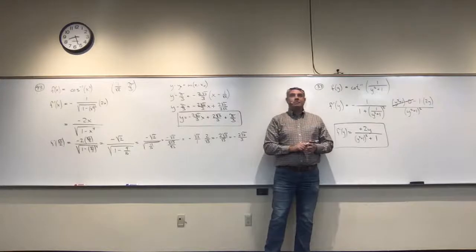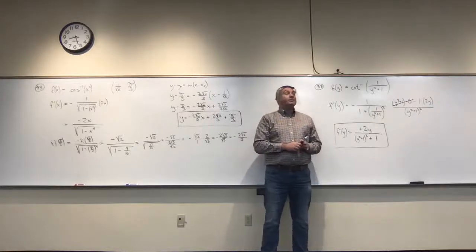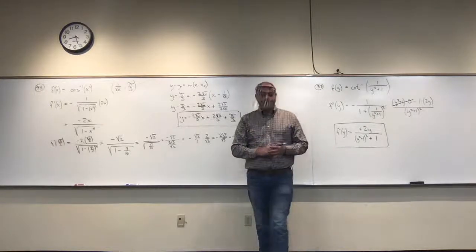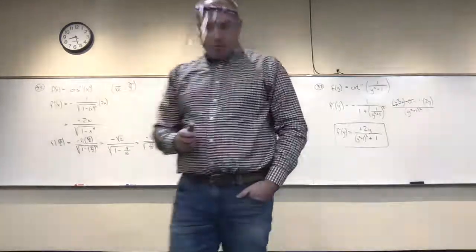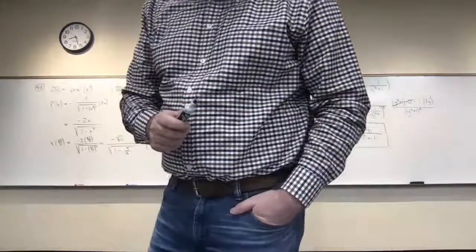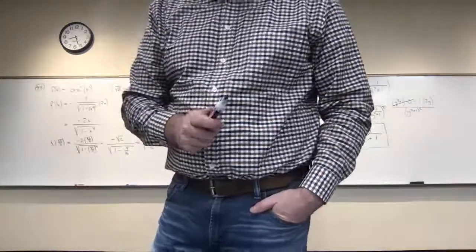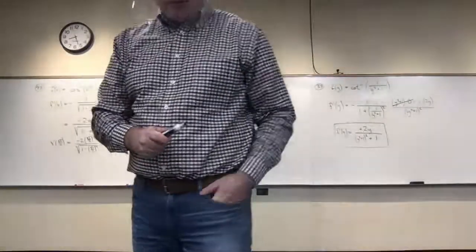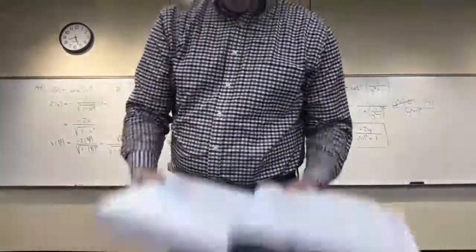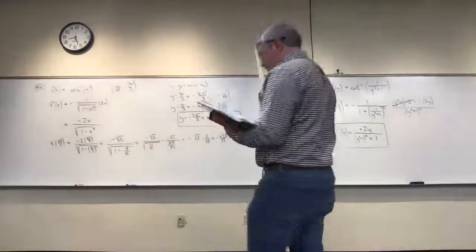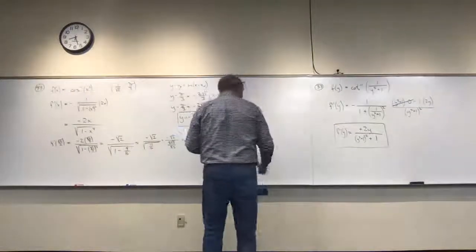Other questions? Yes. 41. 41. Okay, this is another one where we want to find the equation of the tangent line. So we've got f of x is tan inverse of 2x.